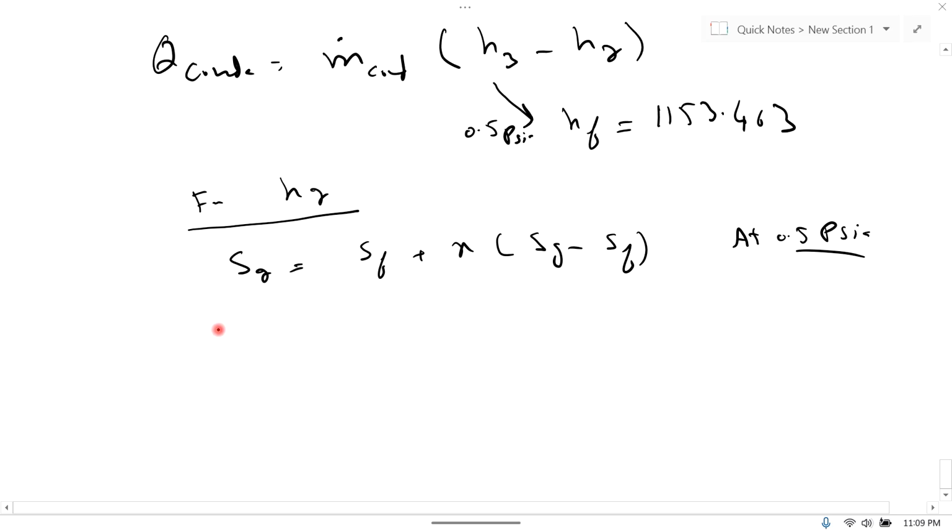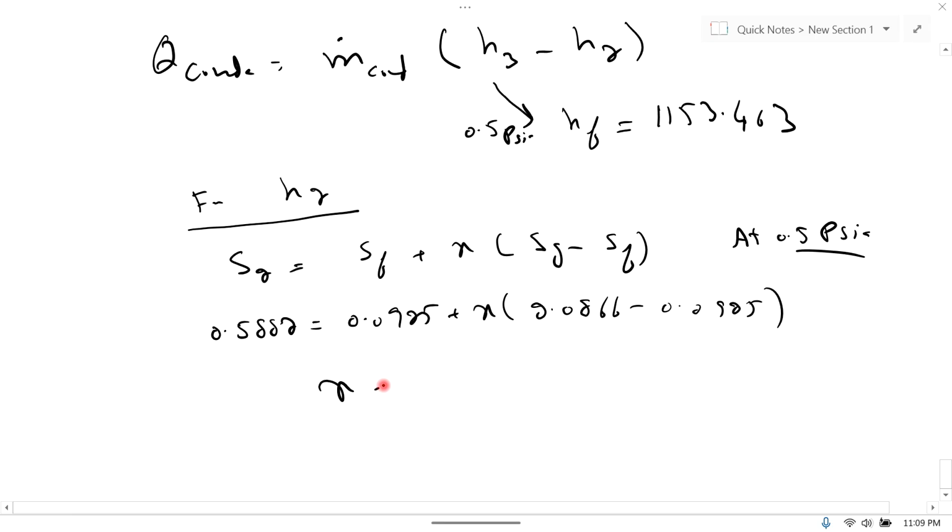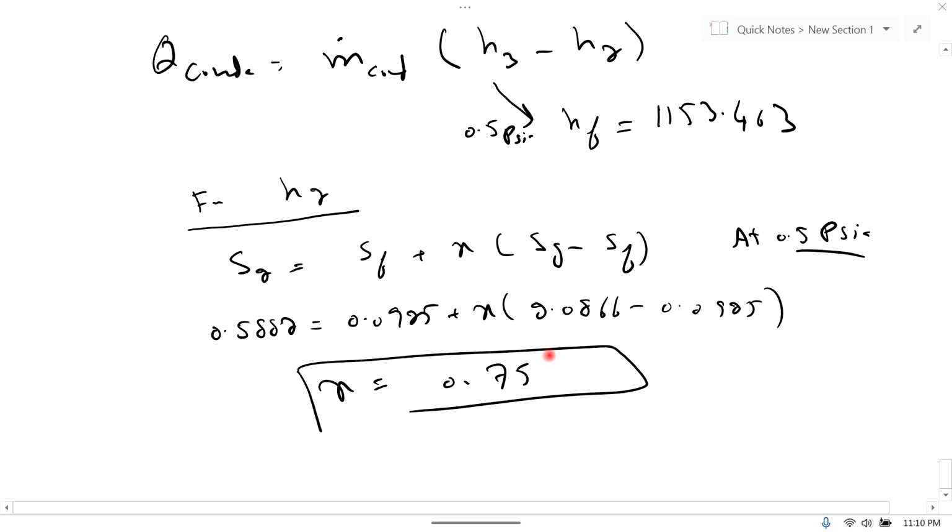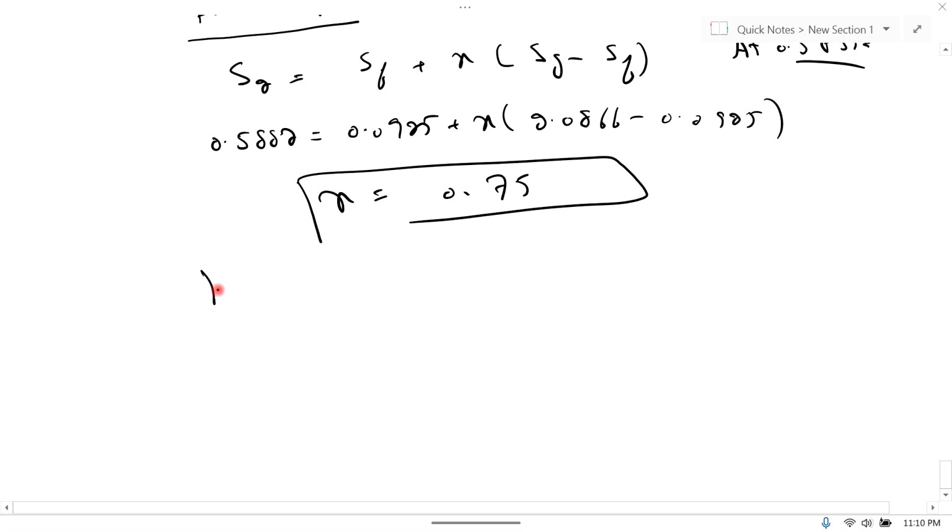So S2 is equal to 0.5882, which is equal to SF, the entropy of liquid at 0.5 psia, which you can find from the saturated steam table: 0.0925 plus X times (Sg minus SF). Sg is equal to 2.0866 minus SF, which is 0.0925. So find X from this equation. X is equal to 0.75.